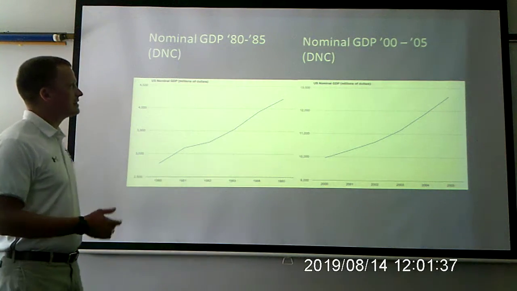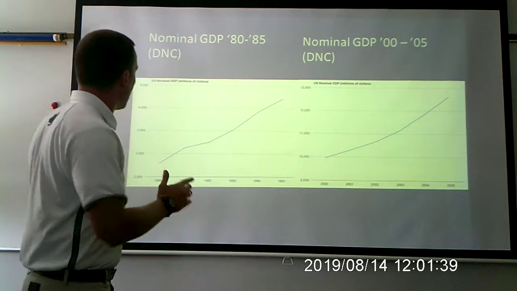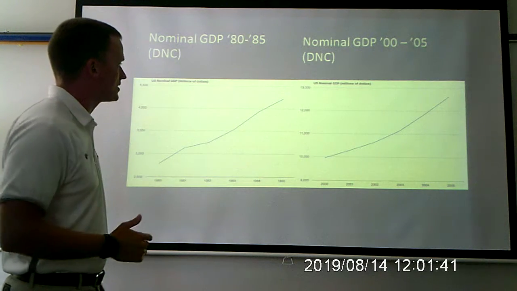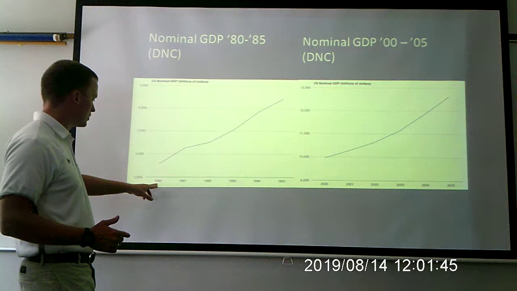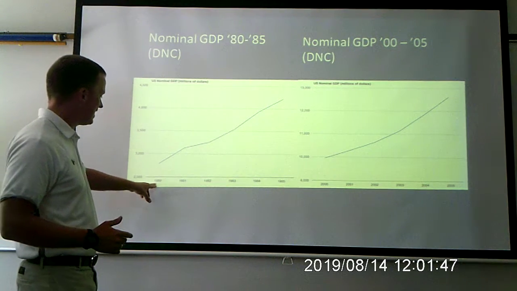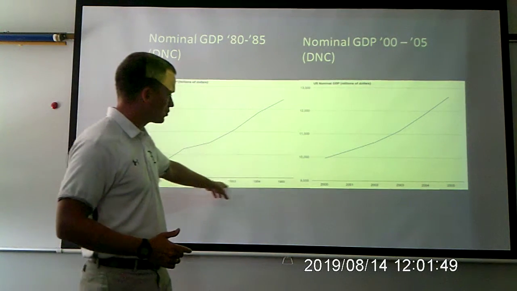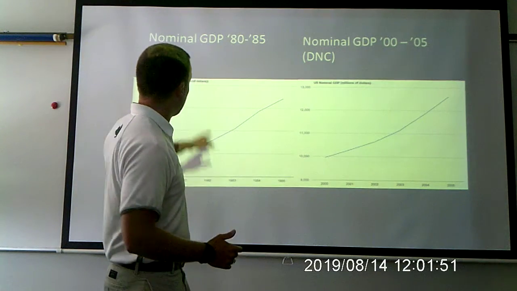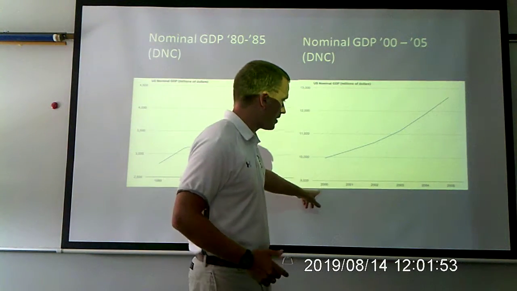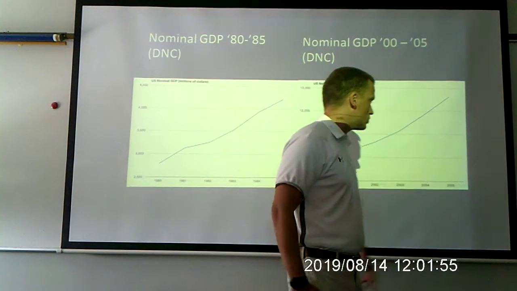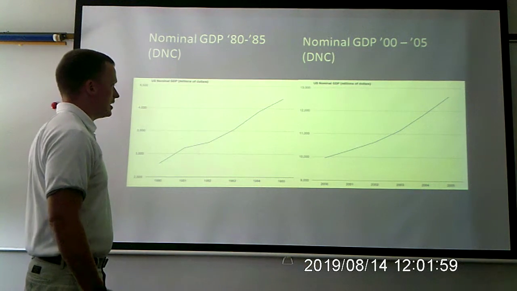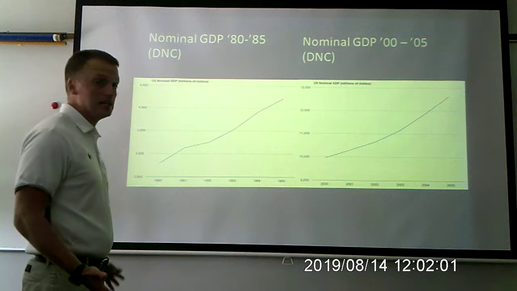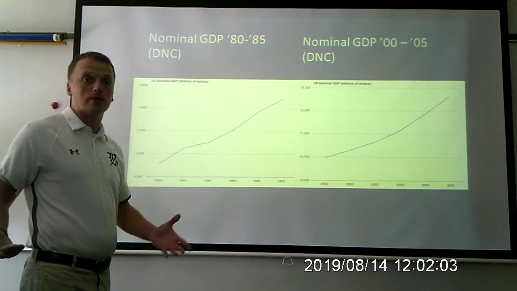What we're looking at is a depiction of nominal GDP. This is U.S. nominal GDP, and you may not be able to see these numbers down here, but this is 1980, and then it goes through 1985, and then year 2000, year by year, all the way to 2005. So what do you see? Is it going up or down?